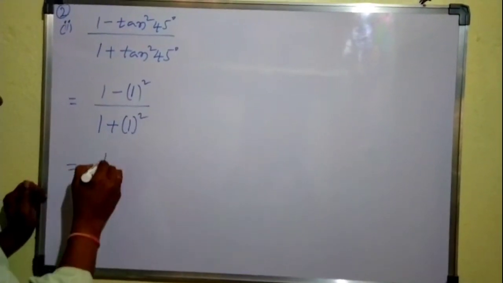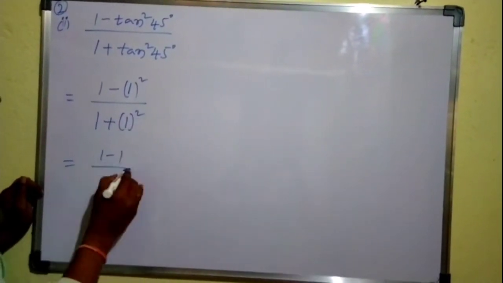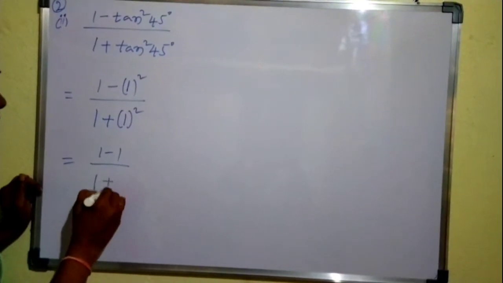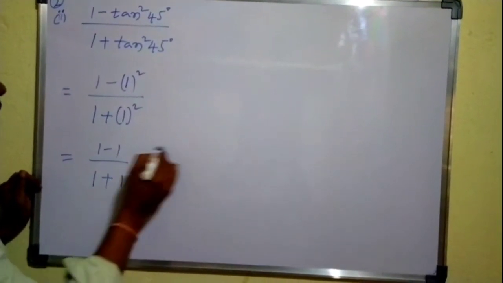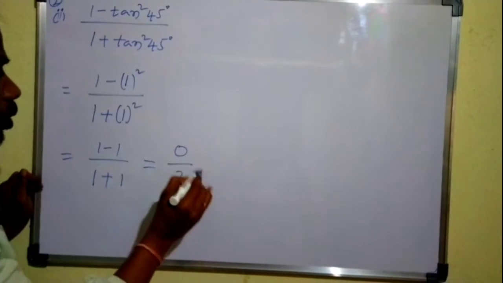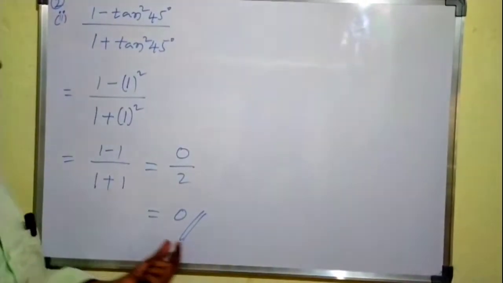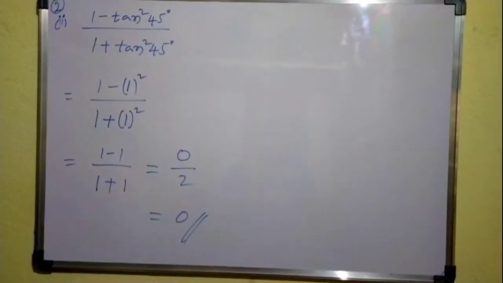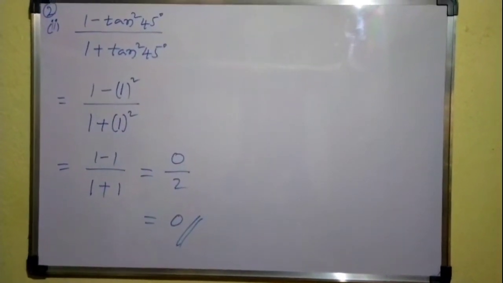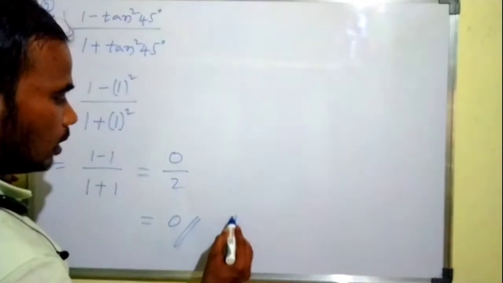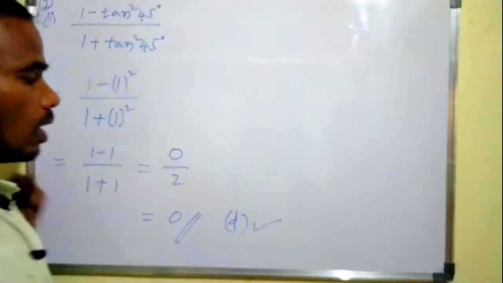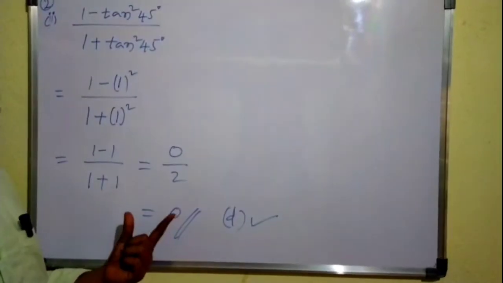So 1 minus 1 square means 1, by 1 plus 1 square means 1. So this is 0 by 2, and the answer is equal to 0. So the option is D. Option D is correct, so D is the correct answer. Now next question.